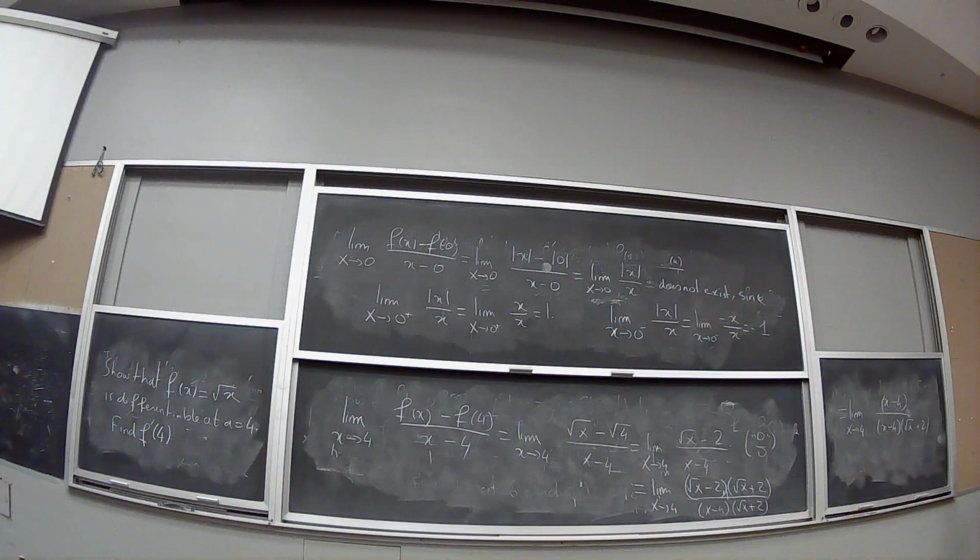Great. Did I get rid of my 0 over 0 or not yet? Not yet. What can I do? I can cancel out the x minus 4. So what am I left with? 1 over root 4 plus 2. So it's 1 over 4.